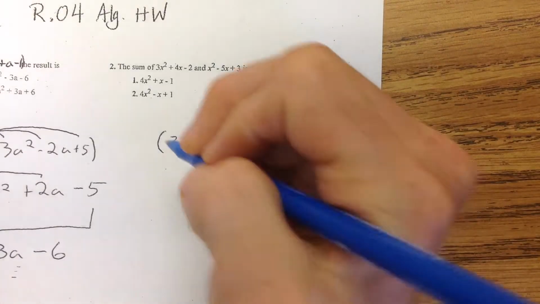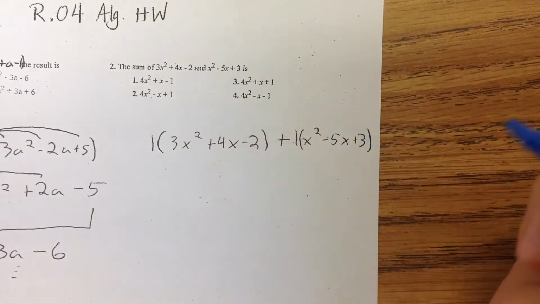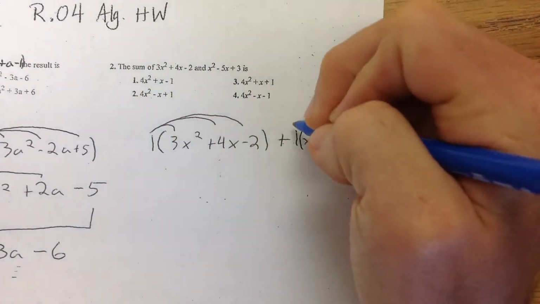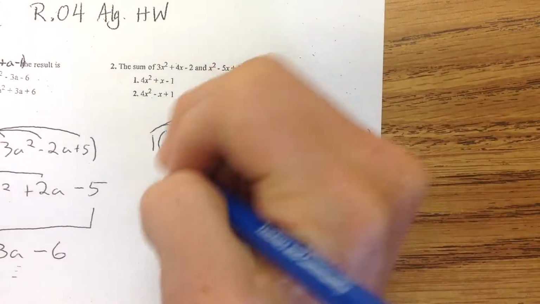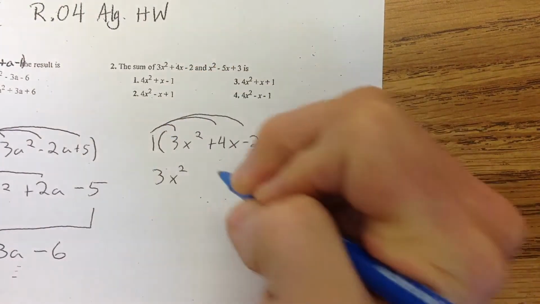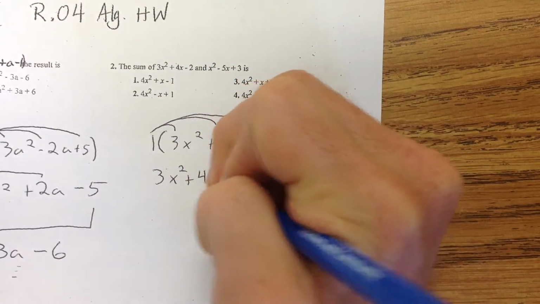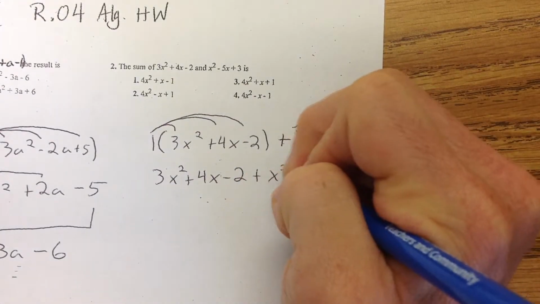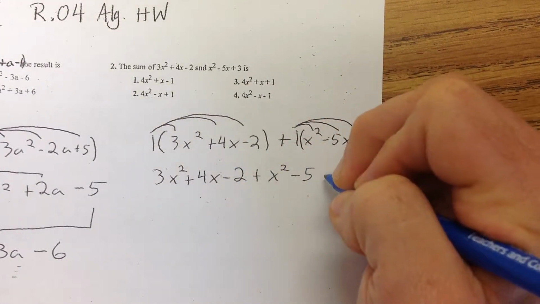Now, the nice thing about this problem is they both have positive 1s in front. And as we saw in the last one, positive 1 isn't going to change anything, so you could almost just do this one without the parentheses, but I don't think it's a bad habit to get into just so you don't goof up the subtraction problems.